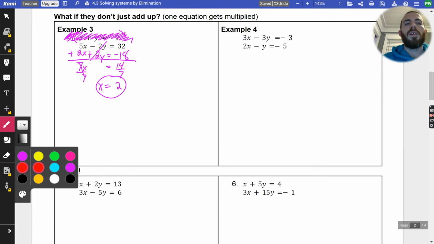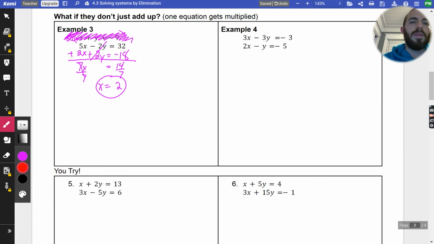Now, to find the other one, we'll just use the one that we haven't touched yet. So we use 5, plug in the 2, minus 2y equals 32. Follow order of operations, so multiply first. Next, we move the constant, the number without a variable.